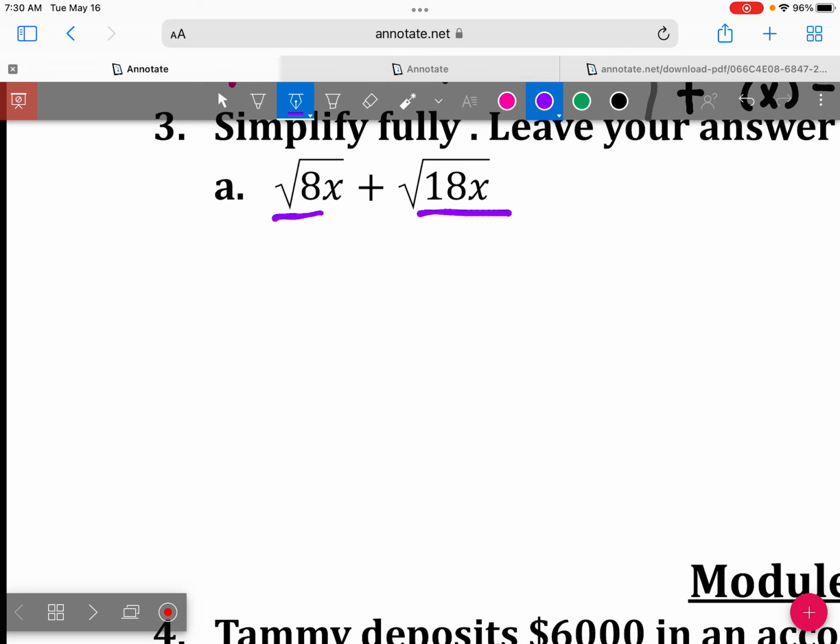So the square root of 8 and the square root of x. Square root of 8, what is square root of 8 going to simplify down to? 2. If you want to think of it that way, think about 8 being divided up into 4 times 2, right?